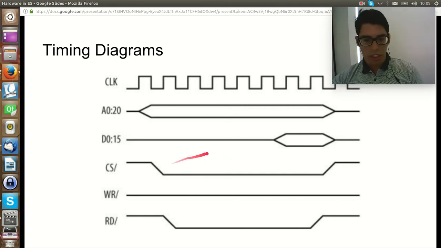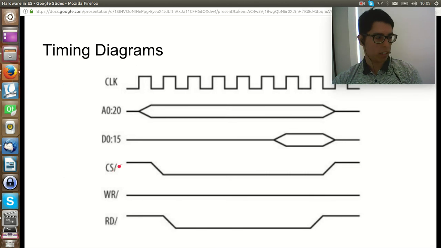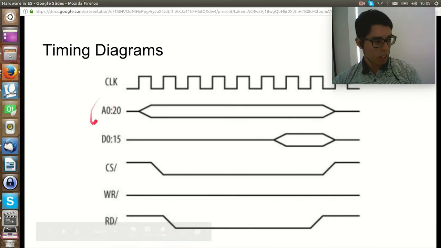The two lines in this part mean that the bus has real information in it. The CS chip select is active at 0. That's the way it is on the slide. In this case, in the diagram we have a read-only operation because the write pin is set to 1, and we only have a read operation that takes a part of bus A and bus D.